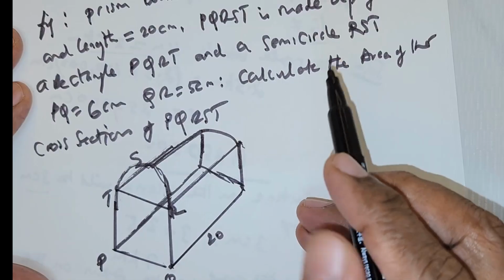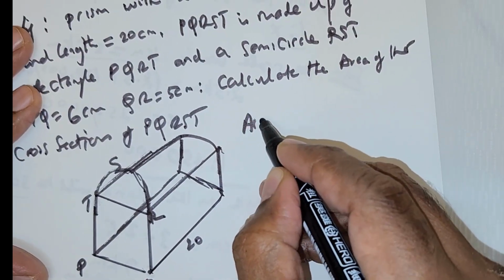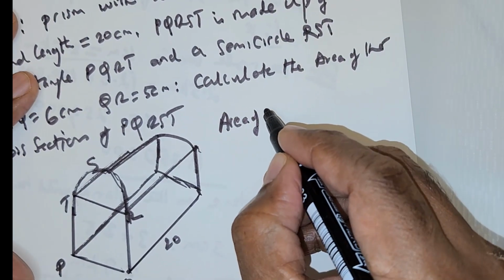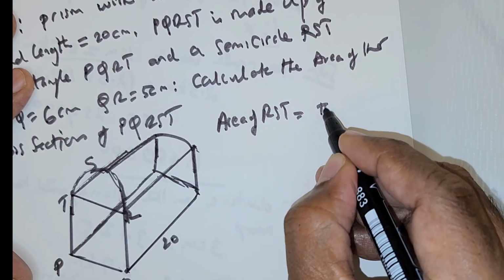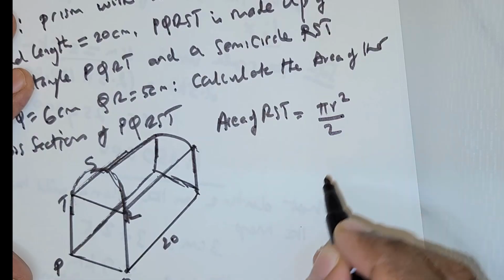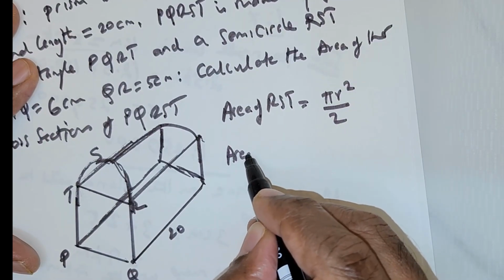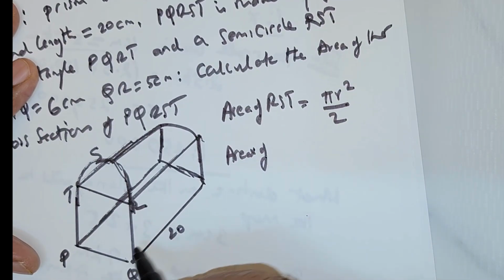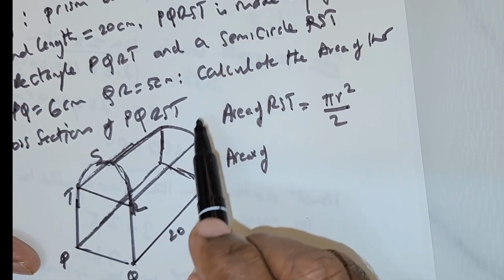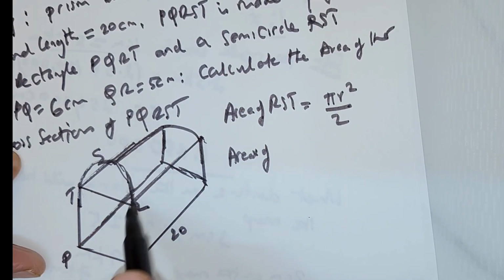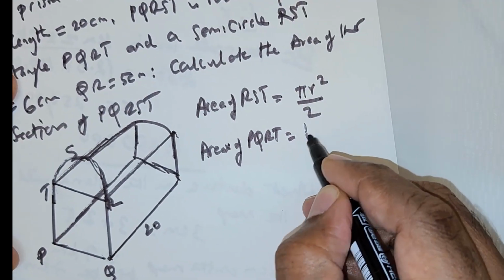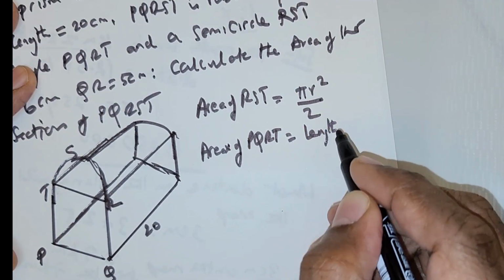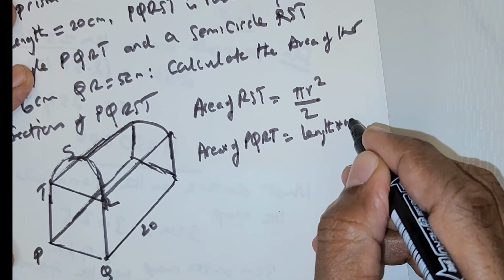Now clearly RTS or RST is a semicircle. Area of RST is going to be pi r squared divided by 2. Now area of the rectangle, okay, PQRT is length into width.